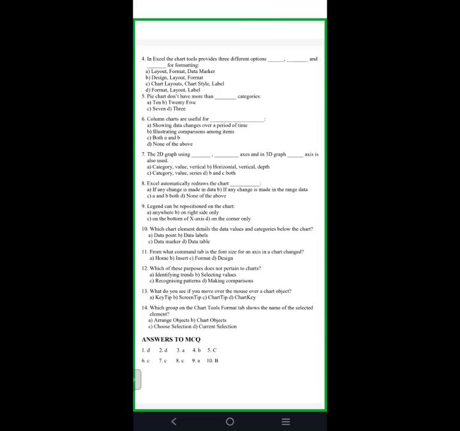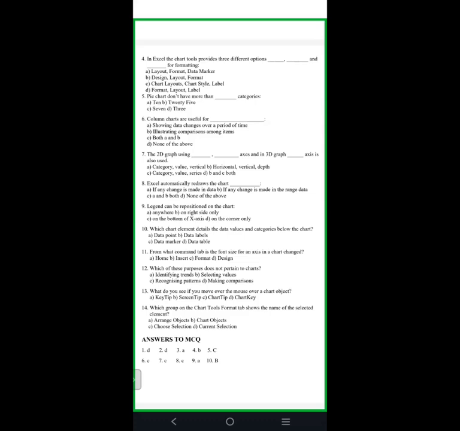Pie chart doesn't have more than dash categories. Already പറഞ്ഞായിരുന്നു, 7 categories. Column charts are useful for dash. Showing data changes over a period of time, illustrating comparisons among items. ഇത് രണ്ടും വരുന്നുണ്ട്. The 2D graphs use dash and dash axis and in 3D graphs dash axis is also used.